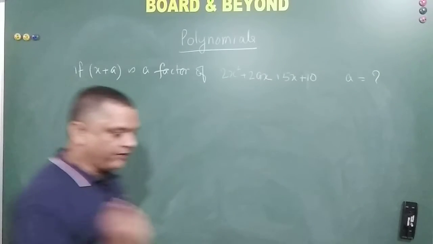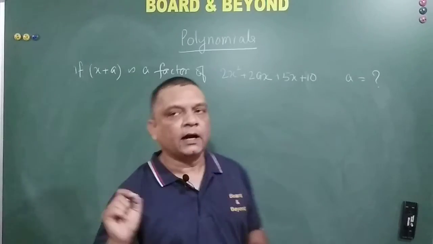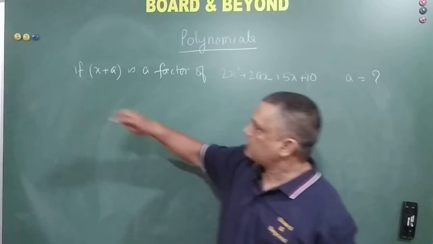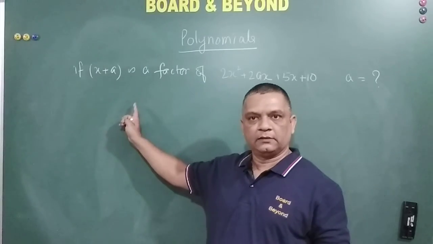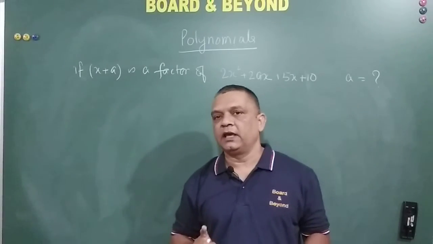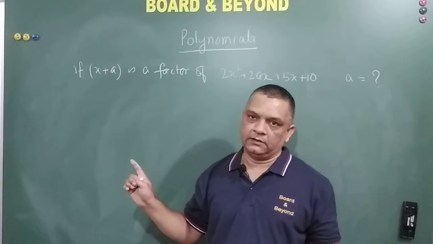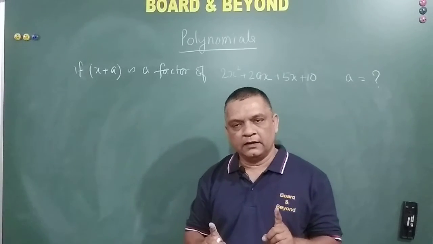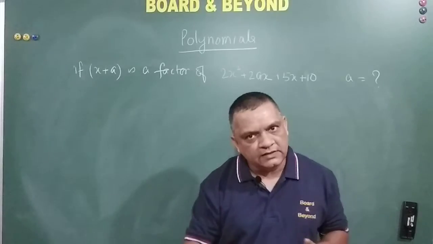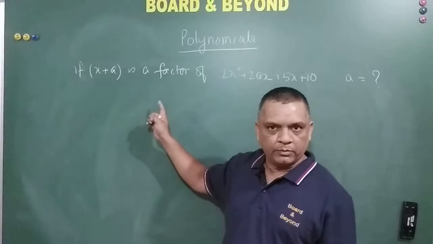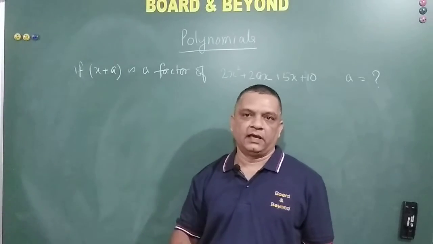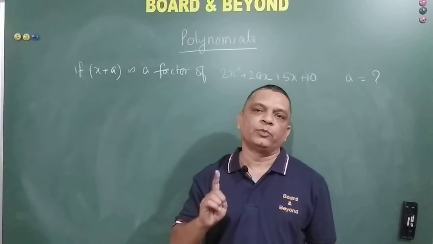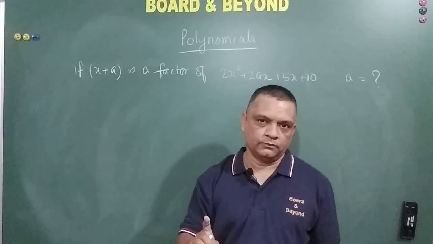Now, friends, sometime back I told you that if x plus a is a factor of this polynomial, that means minus a is a root of this polynomial, right? If minus a is the root of this polynomial, that means if I substitute x with minus a, I must get the value of this polynomial as 0.